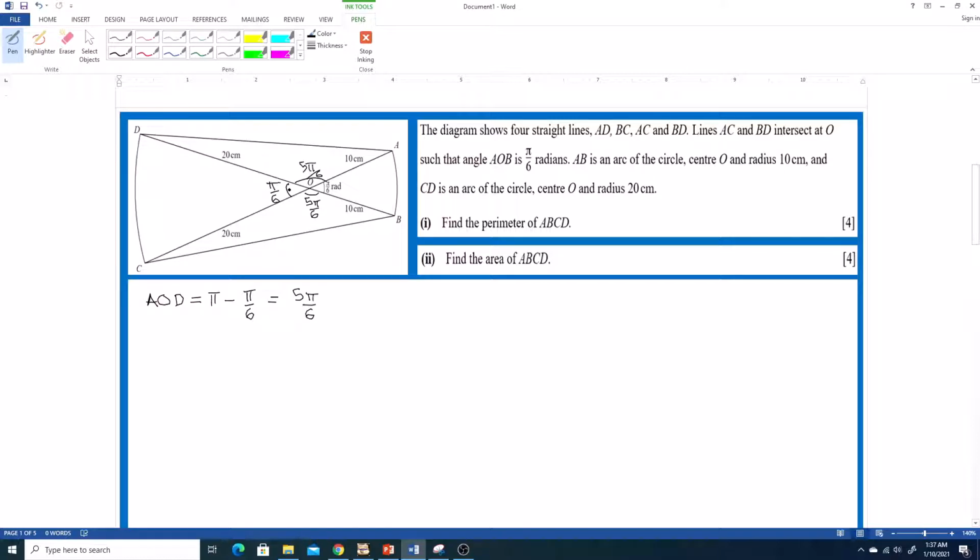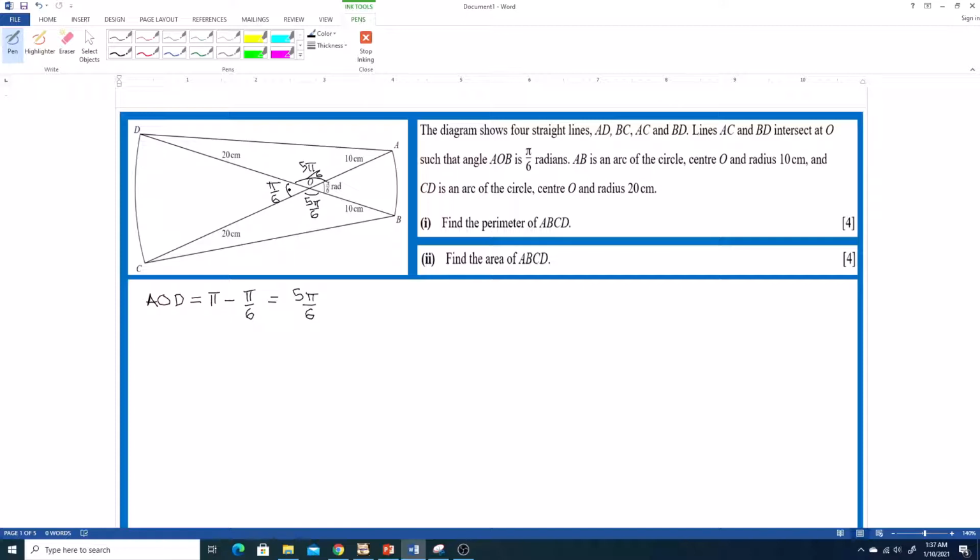Something that I can see when I look at triangle ADO and BOC, is that they both have equal sides, 10 centimeters and 10 centimeters, and 20 centimeters and 20 centimeters, and they also have the 5 pi over 6 angle equal on both triangles, making them congruent triangles, meaning that they're actually the same, only in different orientations.